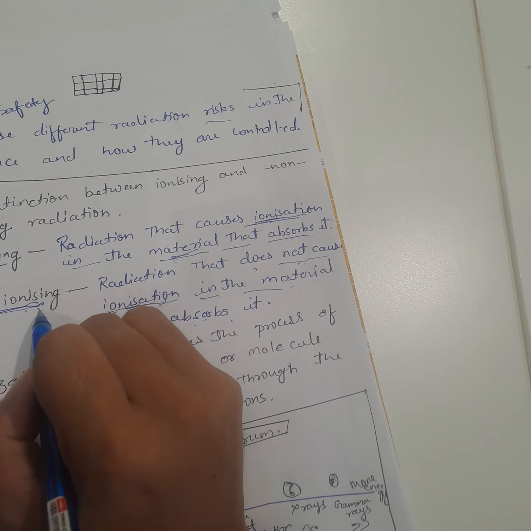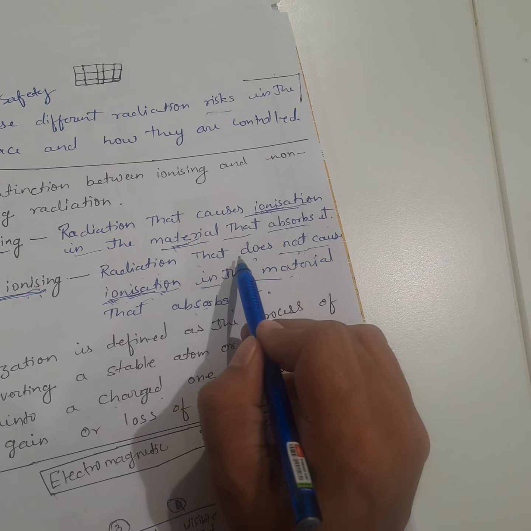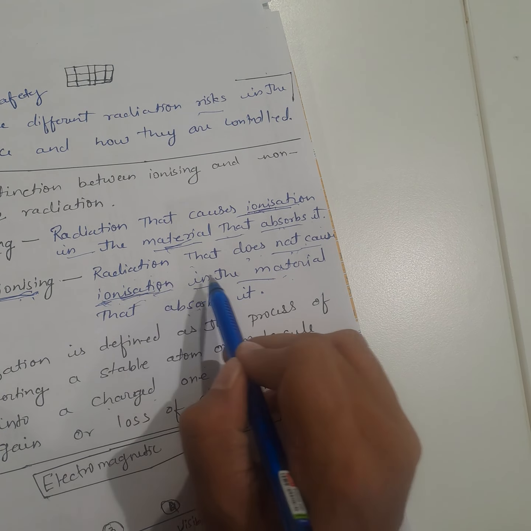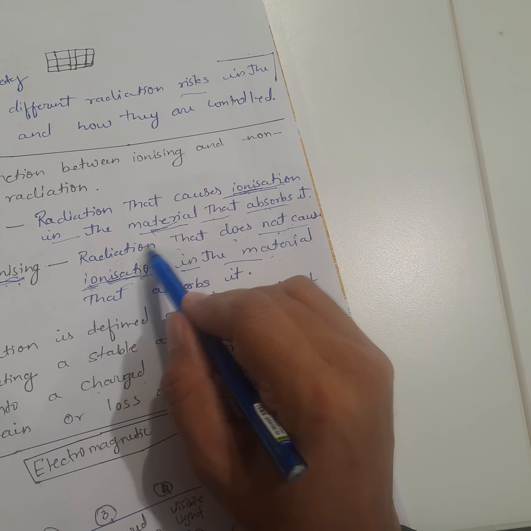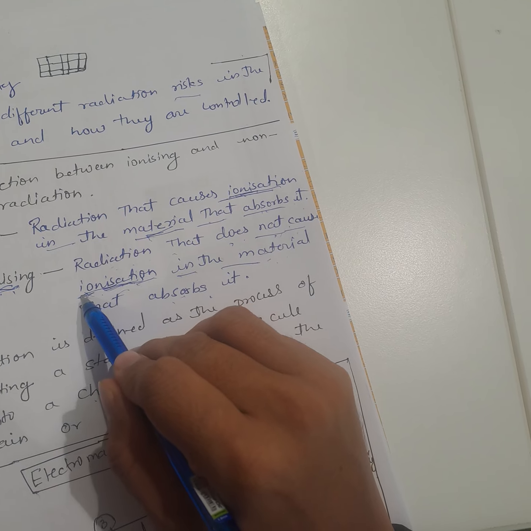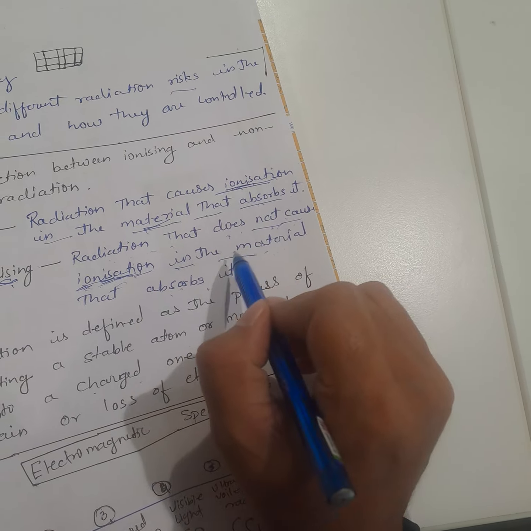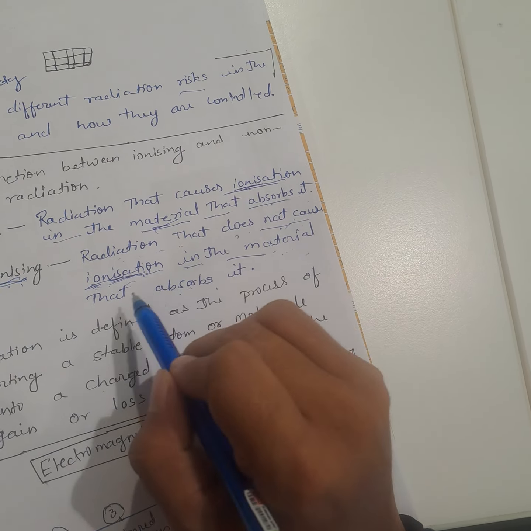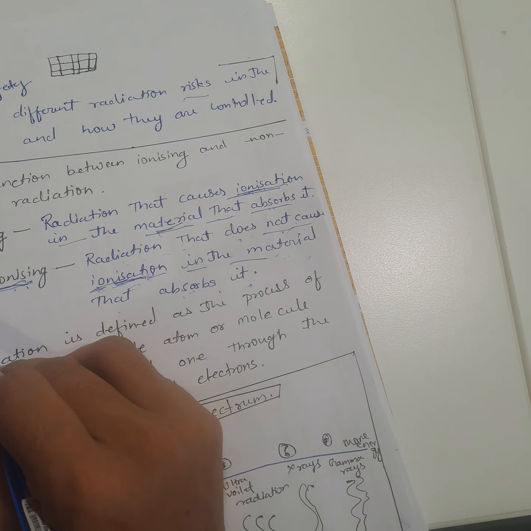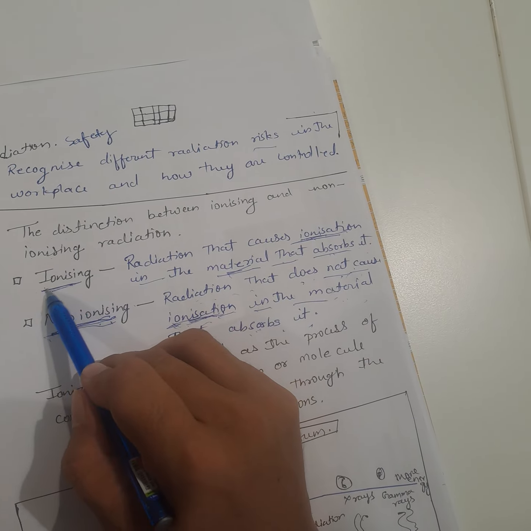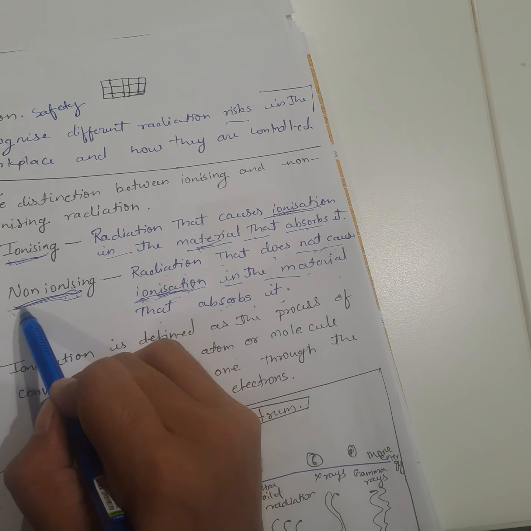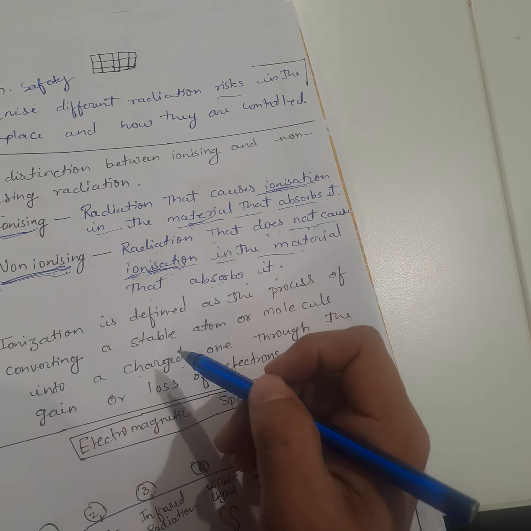And non-ionizing radiation does not cause ionization in the material that absorbs it. So there are two types of radiation, one is ionizing radiation and another is non-ionizing radiation.